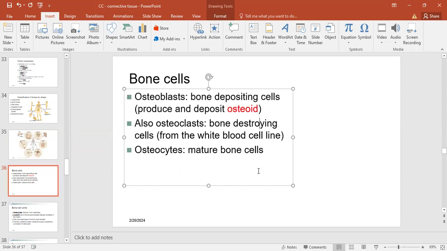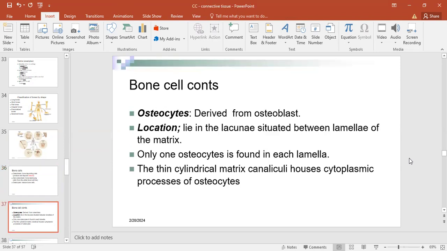And then we have osteocytes. Osteocytes are mature bone cells. These mature bone cells just sit there nicely. For an example, in human beings, you guys are still in your childbearing age, so you can be called osteoblasts.